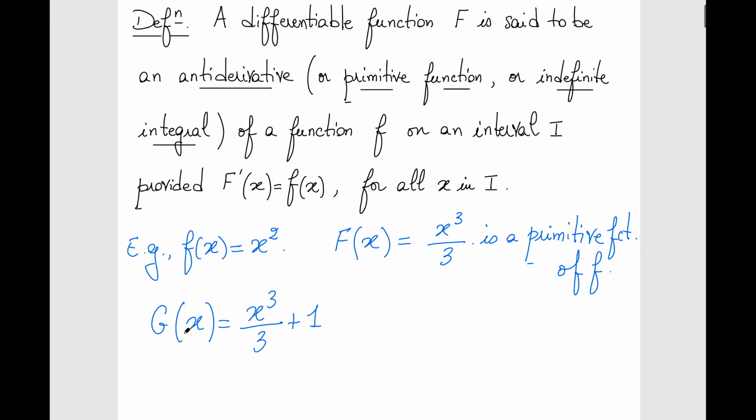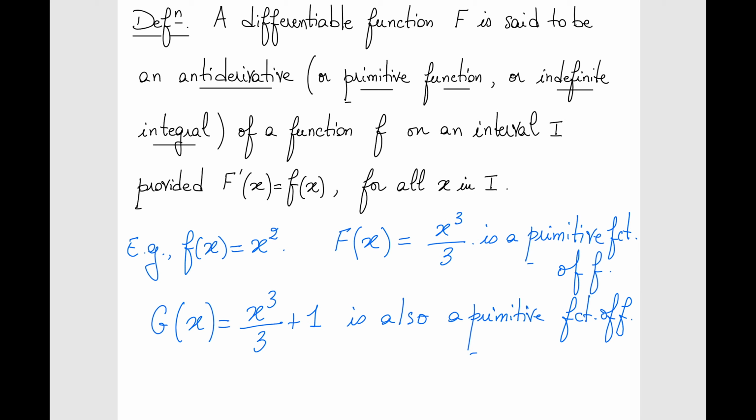If you differentiate this function, it's the same as differentiating capital F plus the derivative of 1 with respect to x, which is 0. So this is also a primitive function of f.